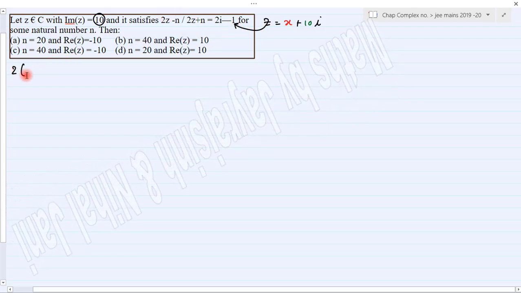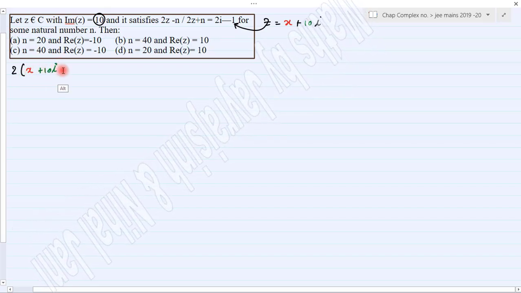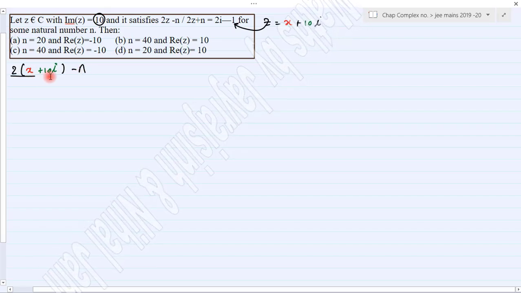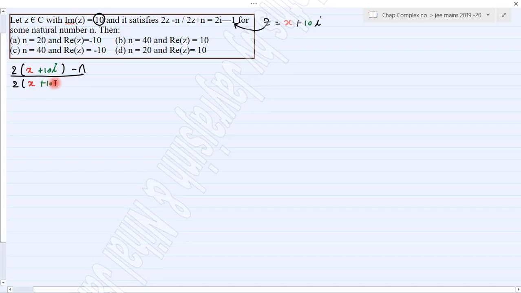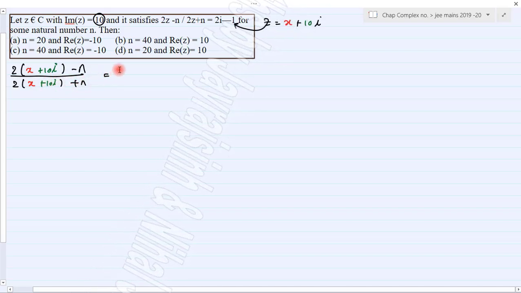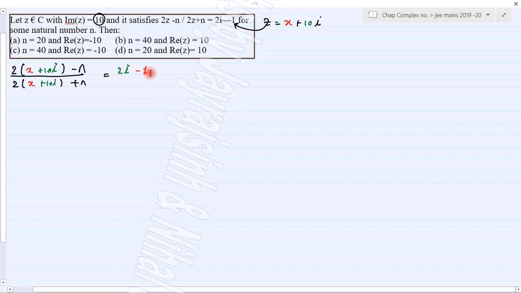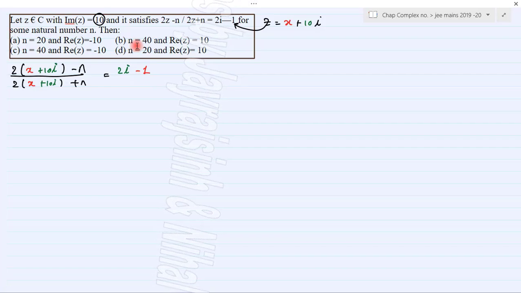So we'll get 2 times x plus 10i minus n upon 2 times x plus 10i plus n is equal to 2i minus 1. So we have to find the real part as well as the value of n.